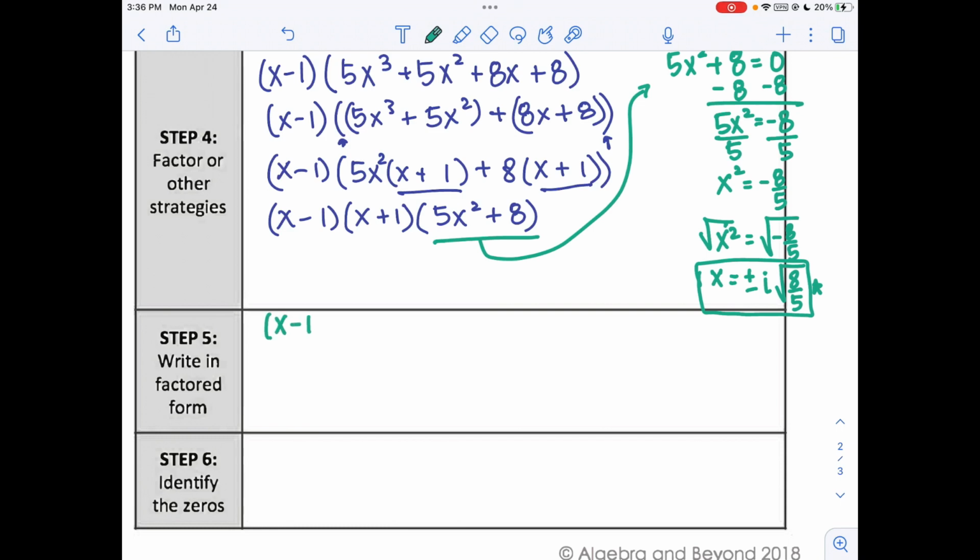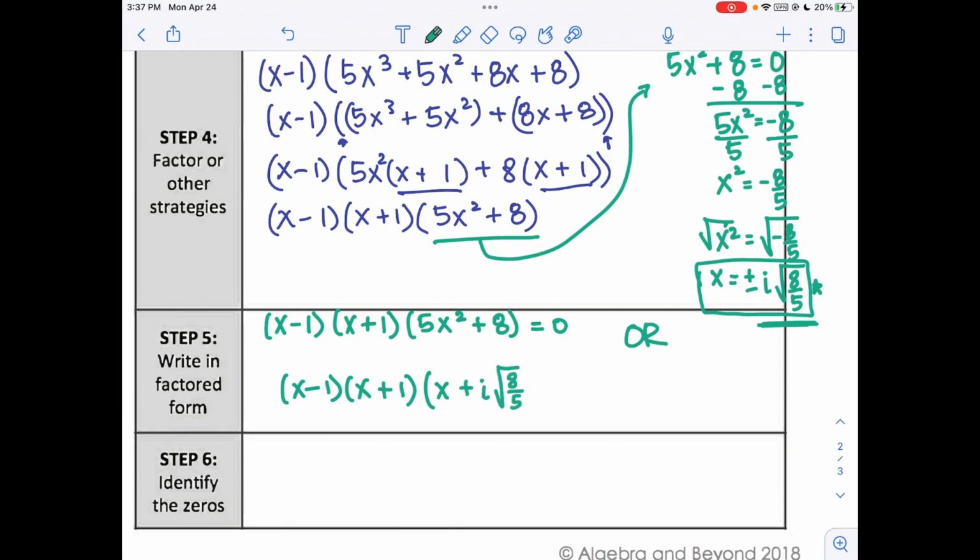So here's the factored form, x minus 1 times x plus 1. And then the second one should be, let's see, oh, we can write it as 5x squared plus 8 in factored form, and all of that equal to 0. Or we can use this to write it in factor form, x minus 1, x plus 1, and then put x plus imaginary i, rad 8/5, times x minus imaginary times rad 8/5.